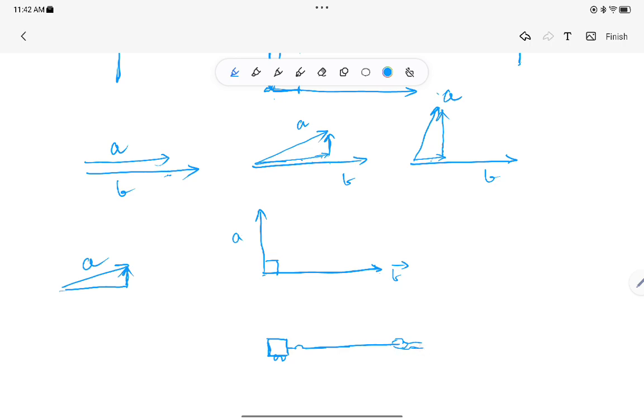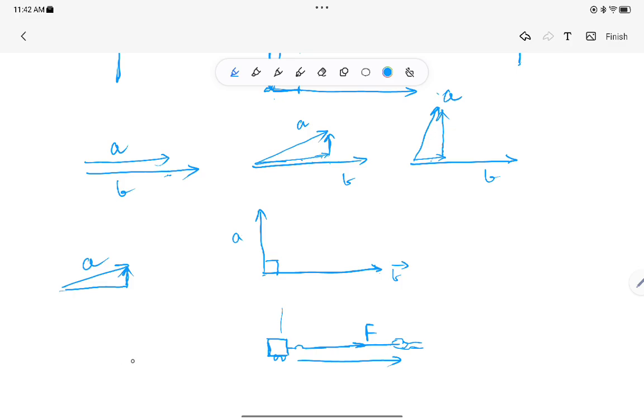Okay, this is your hand, and then you pull on the rope this way. When you pull on the rope this way, the box will move horizontally. It will move only in this direction. It will neither go up nor fall down. It will simply move horizontally.